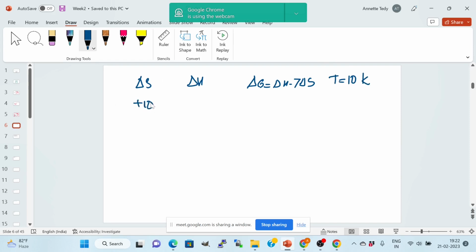So everything is 10. My delta S is also positive. Delta H is also positive. So delta G will be 10 minus 10 into 10, right? So this will be 10 minus 100. So it will be minus 90. So delta G is negative for this case.